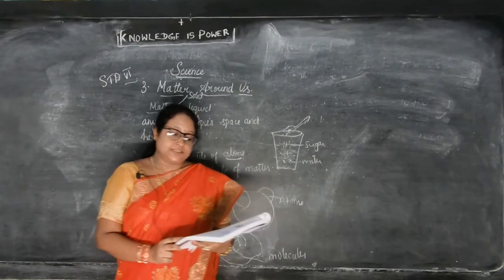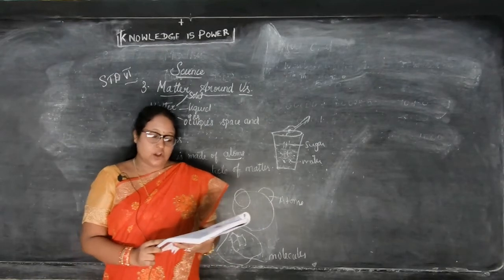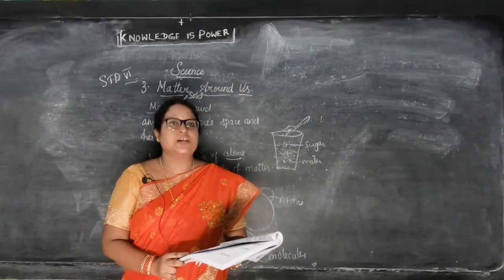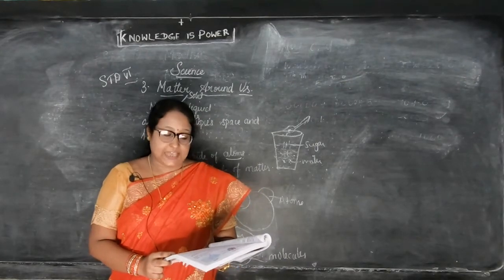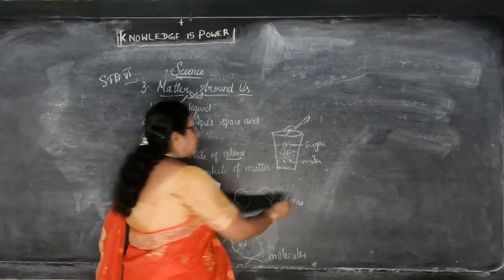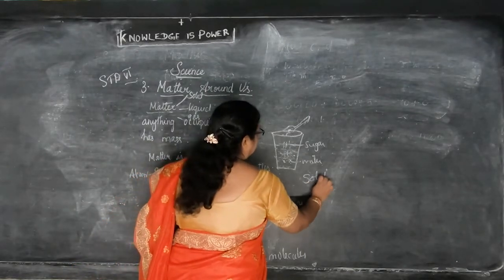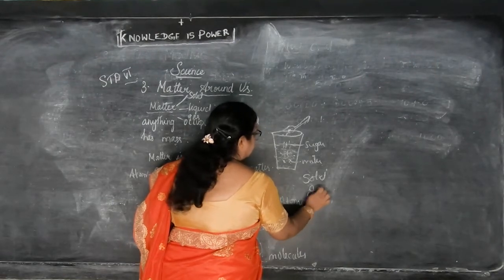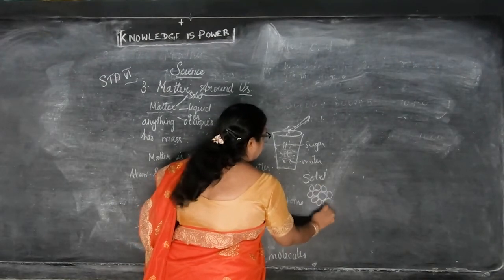For the first one, a solid does not need a container. For the solid, no need to have a container. It stays as it is because its particles are tightly packed. That is, in the solid, the particles are tightly packed. So there is no need of a container.